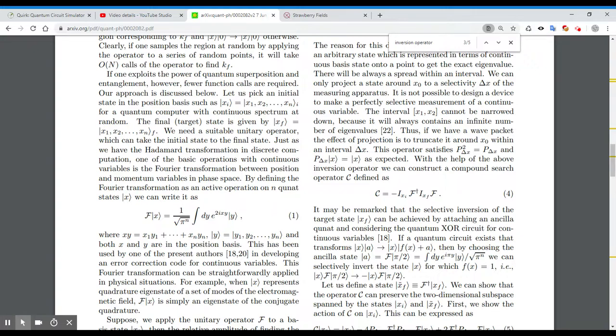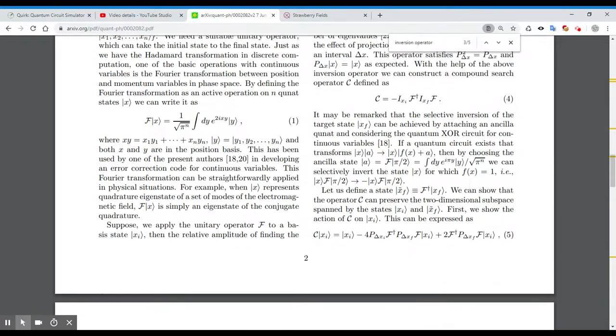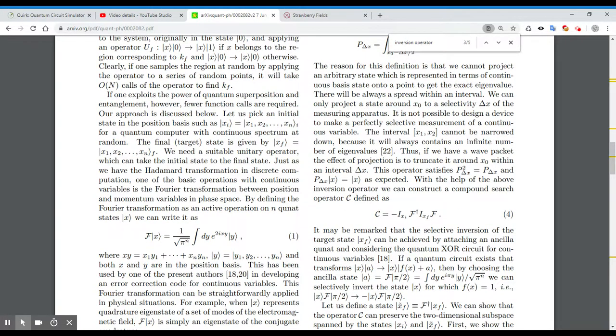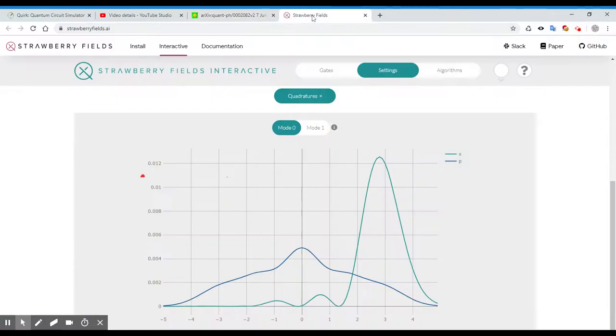Does this already include the Fourier transform? That's what's not clear here either, because basically this says apply the Fourier transform, do this inverse, apply another Fourier transform, and change the sign, right?